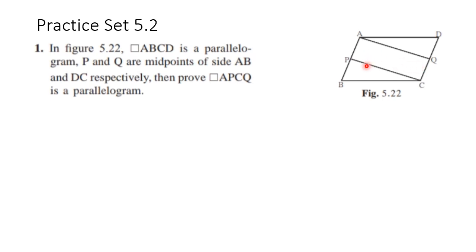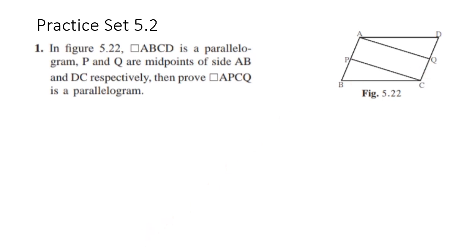Just now we did in the theorem that for a quadrilateral to be a parallelogram, its pair of opposite sides has to be parallel, and at the same time it has to be congruent. So let's try proving that segment AP is congruent to segment CQ, and at the same time segment AP is parallel to segment CQ. How would we do it?